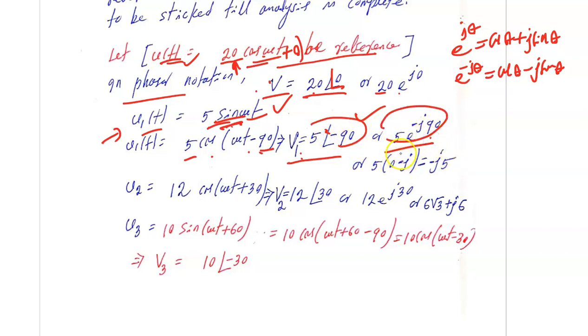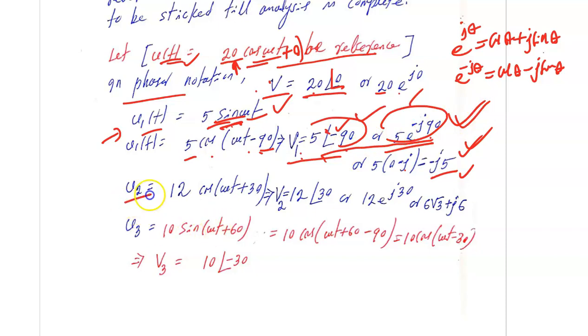When you expand it, 5 into cos 90, which is 0, minus j sin 90, which is 1, so minus j5 is the same. This is called the Cartesian form of phasor representation, and the other is the exponential form of phasor representation.